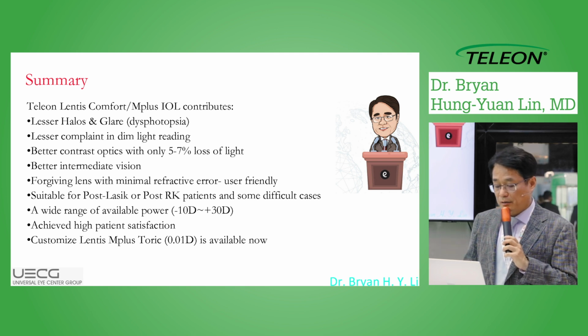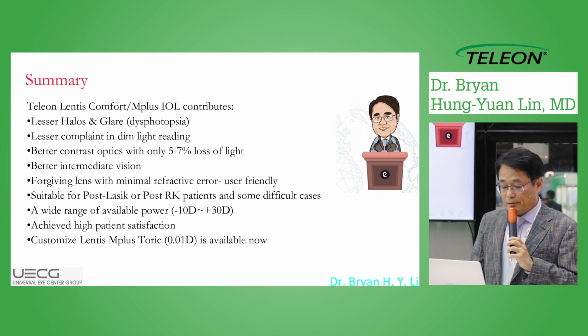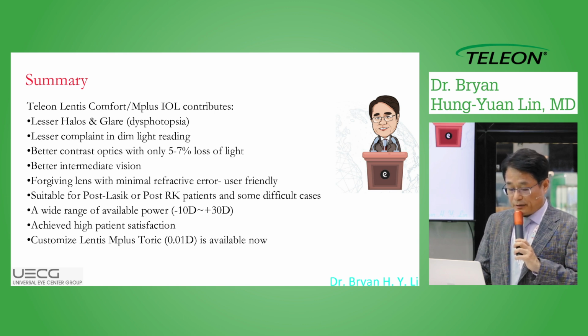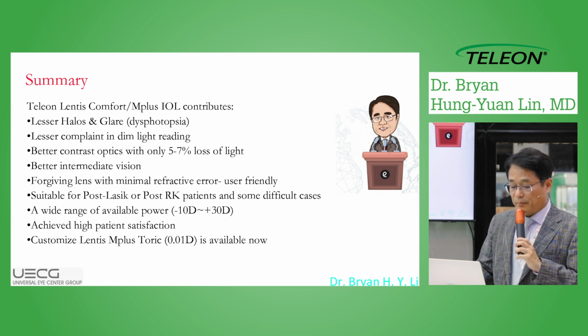The LENTIS Comfort and Mplus IOLs have less halo and glare, less compromise in dim light reading, good contrast with only 5 to 7% loss of light, better intermediate vision for a given lens with minimal refractive error, are user-friendly, suitable for post-LASIK, post-RK patients and some difficult cases, have a wide range of available powers, are cheap, have high patient satisfaction, and customized LENTIS Mplus codes are available.